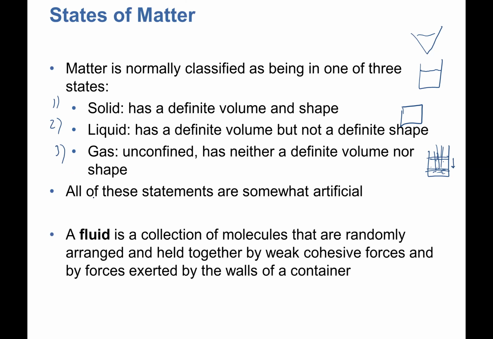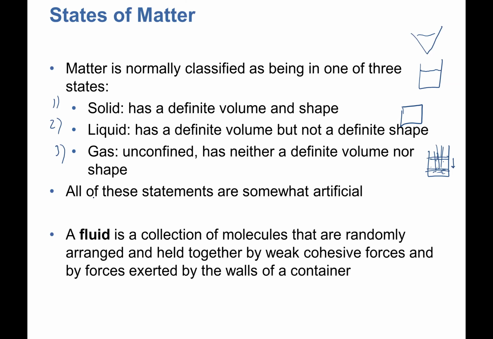A fluid is a collection of molecules that are randomly arranged and held together by weak cohesive forces. Usually solids have very strong cohesive forces, and the molecular bond between molecules in a solid is very strong. But in liquid and gas it's weaker, so they can actually flow.